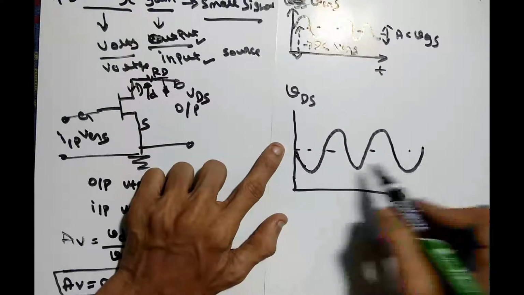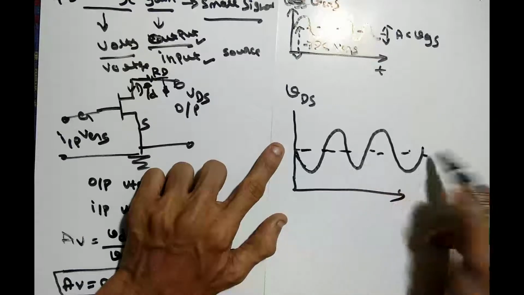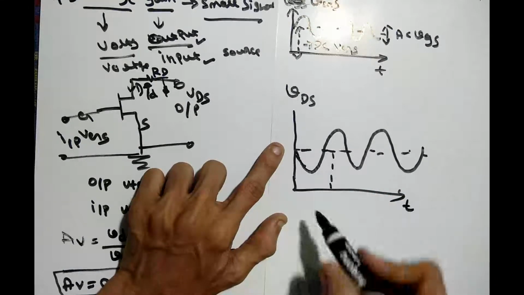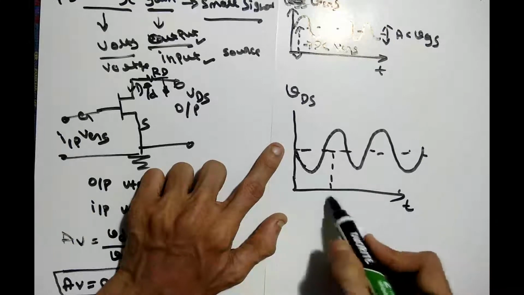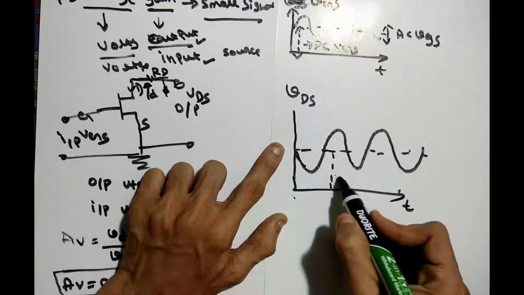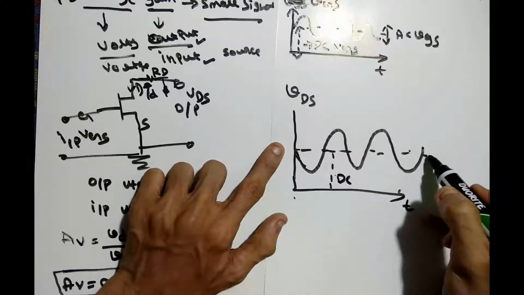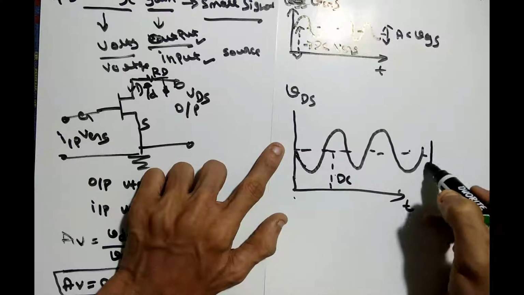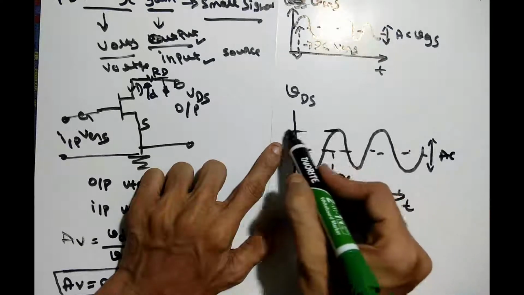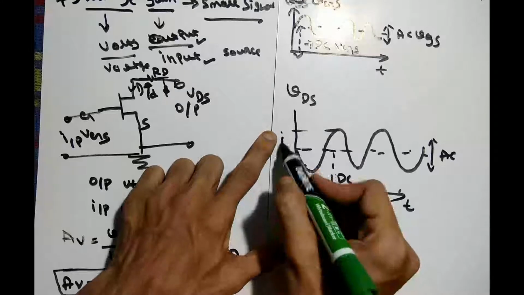Again the reference line is there, which is shifted from your reference; that is called the DC signal. The portion which is sinusoidal is called the AC signal, and these two together are known as the total signal.